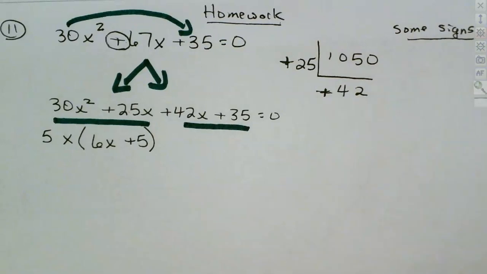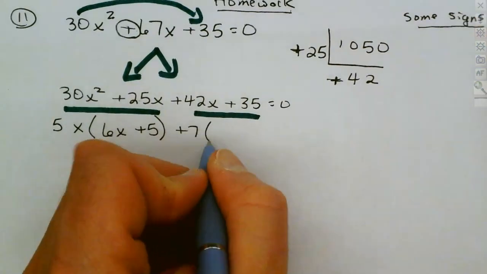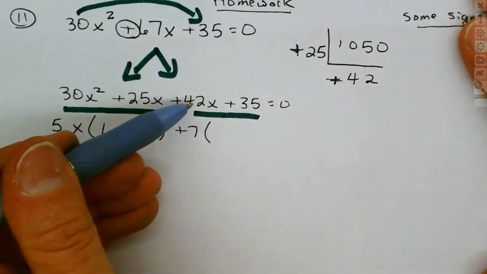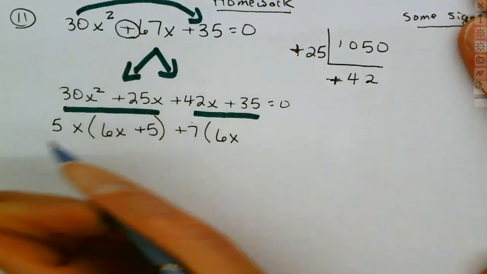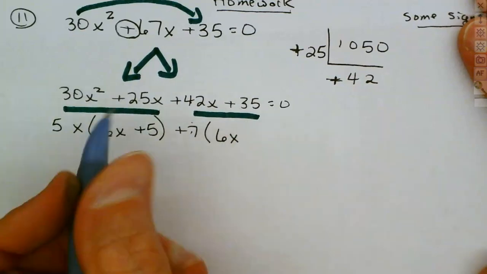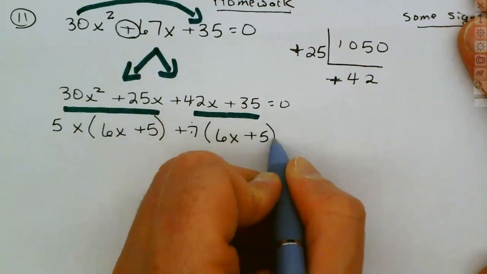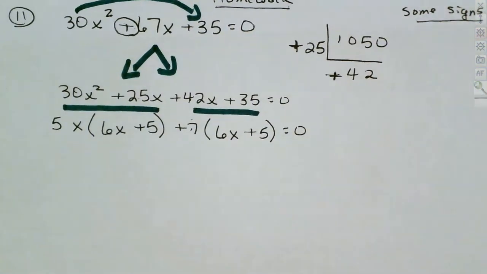Yep, looks like I can take out a 7, can't I? So let's take out that 7, and that leaves 42 divided by 7, makes it a 6x. 35 divided by 7, well, that would be a 5.